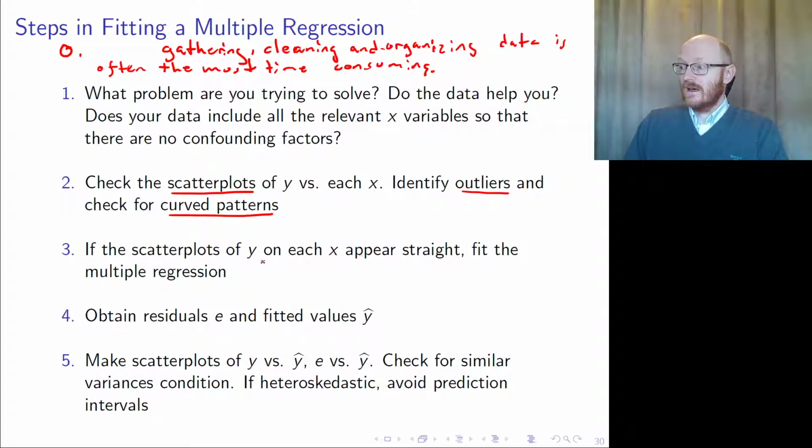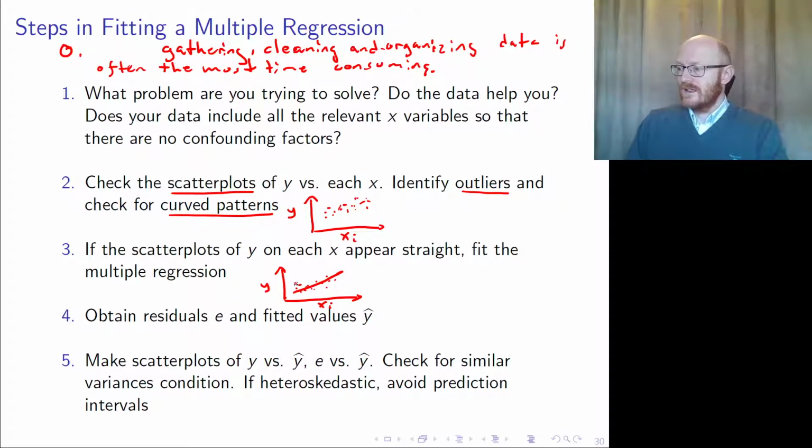And if all the x's appear linear, like y on xi, then you can fit a linear regression.